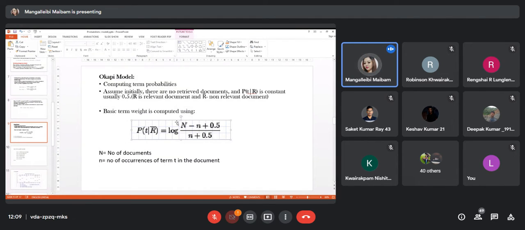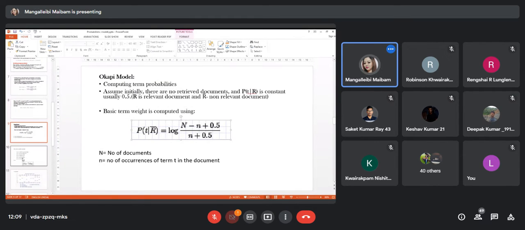And we also use the constant value 0.5 here when there are no retrieved documents. So our probability value will be a constant value, which we normally assume to be 0.5 when there are no retrieved documents. So using this formula log N minus n, this small n is the number of occurrences of the term in the documents.